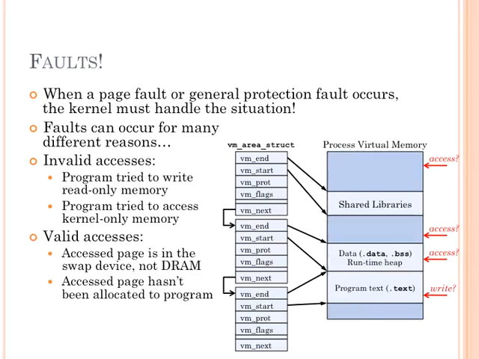We have valid accesses. So for example, I have an access to the data segment because I'm looking at the heap, or I have an access to the stack. One of the things that's interesting about the stack is you think about it growing downward, right? We start at some address and it's growing downward. The operating system does the same thing with the stack that it does with the heap.